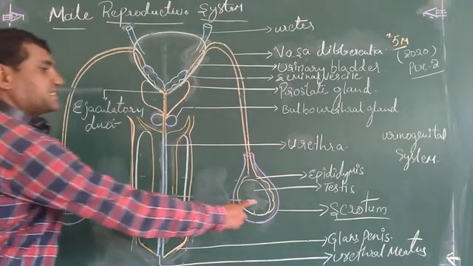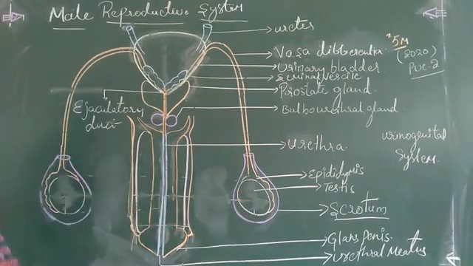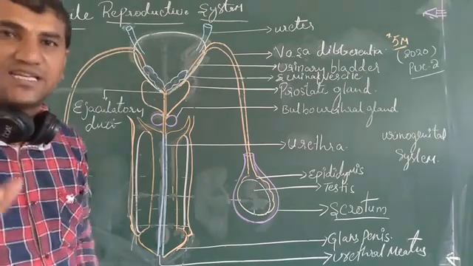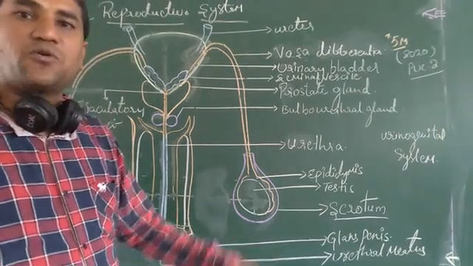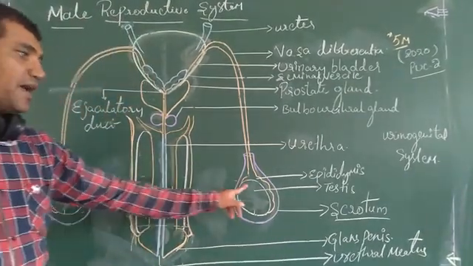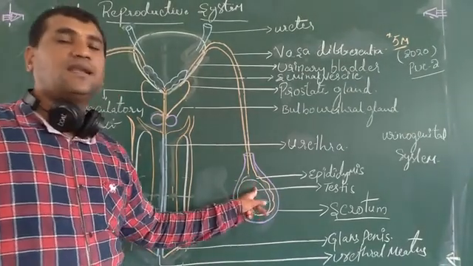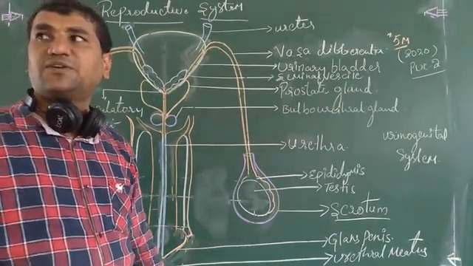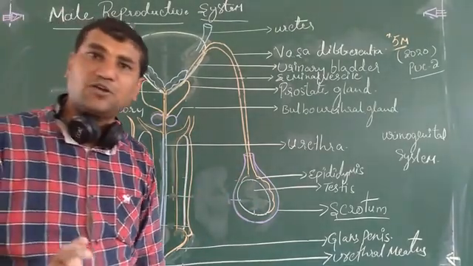A pair of testes are present. These testes are the reproductive parts inside which we have special cells called reproductive cells or spermatogonia, responsible for the production of sperms, and these are oval in shape. Looking at the internal anatomy, the testes have testicular lobules.